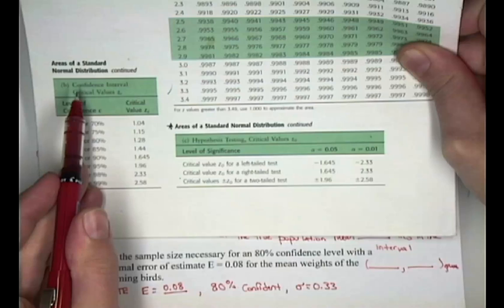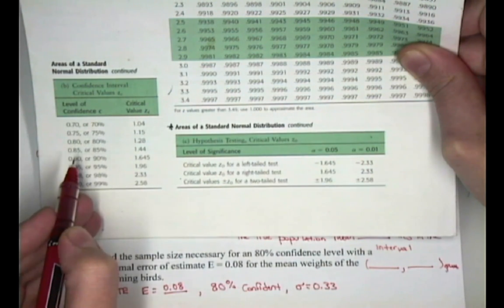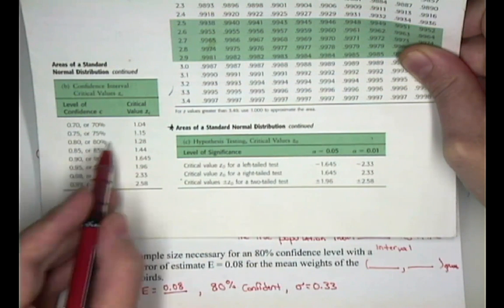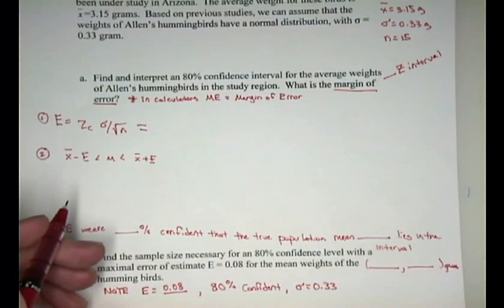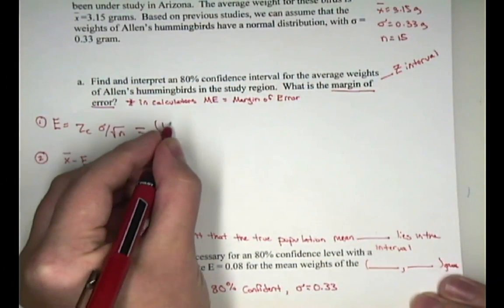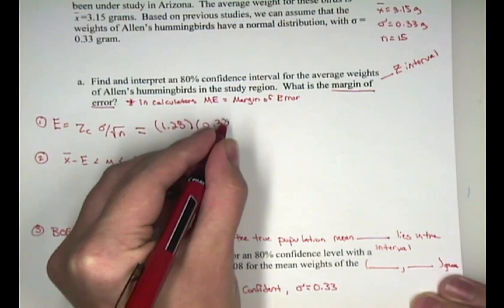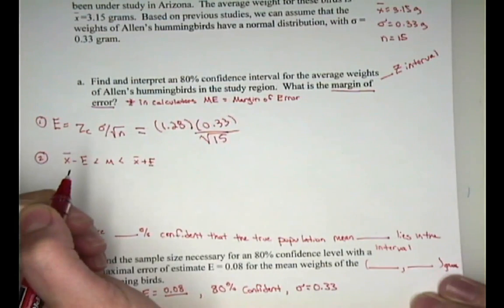So I'm going to go to this little quick guide table here showing me critical values with confidence intervals. When I'm looking at an 80% confidence level, I've got a critical value of 1.28 on the z. So 1.28 times the sigma given, 0.33, divided by the square root of n, which is 15.